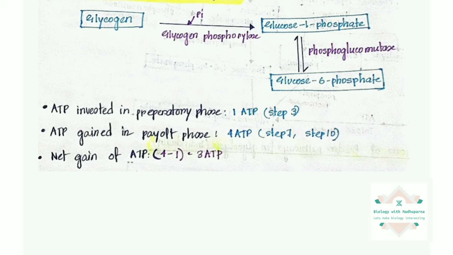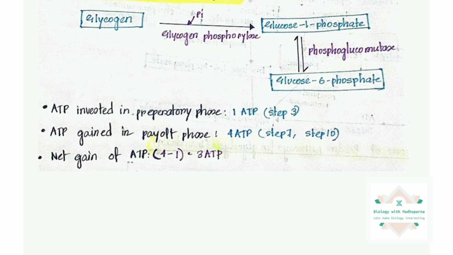Glycogen will be converted into glucose 1-phosphate with the help of the enzyme glycogen phosphorylase, and it will take one inorganic phosphate, which acts as the phosphoryl group donor for glucose 1-phosphate. Further, this glucose 1-phosphate will be converted into glucose 6-phosphate with the help of the enzyme phosphoglucomutase, and this glucose 6-phosphate will go into the next steps of glycolysis, forming the final product 2 pyruvate at the end. So in this method we will see how many ATP we are investing, how many we are gaining, and what is the net gain of ATP.